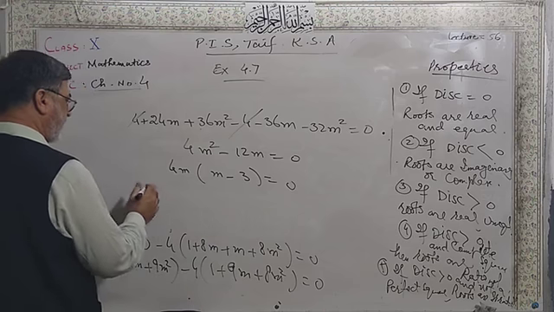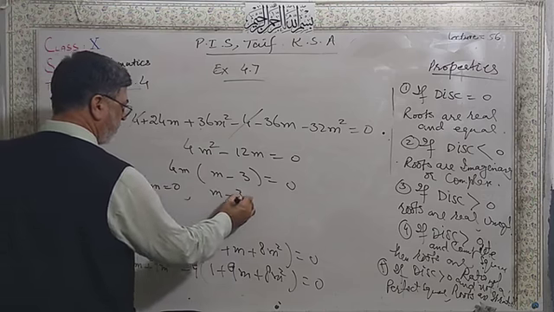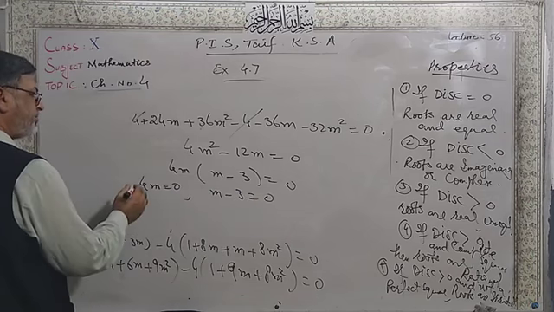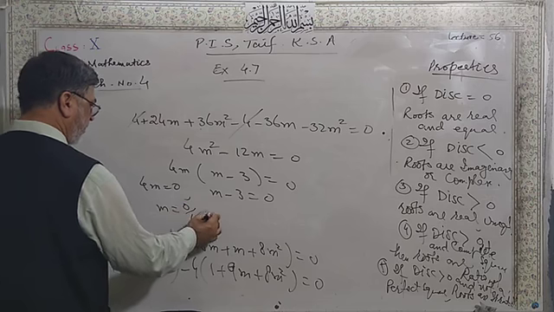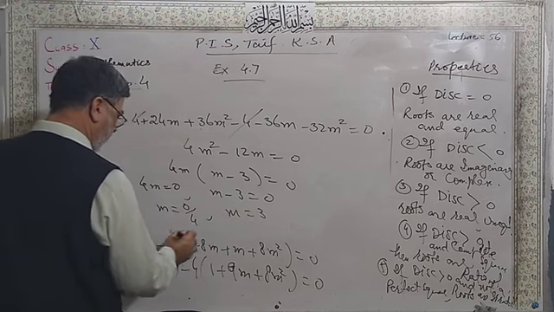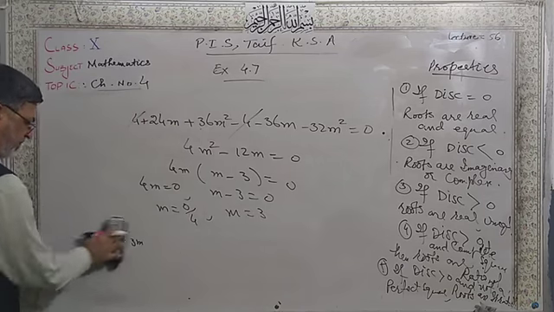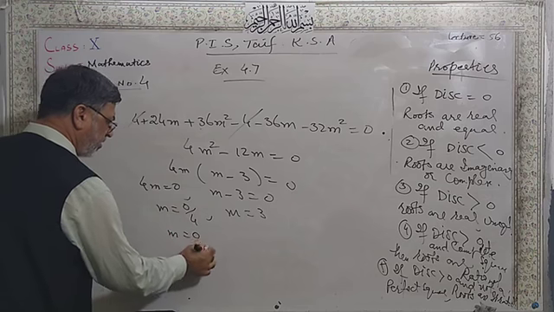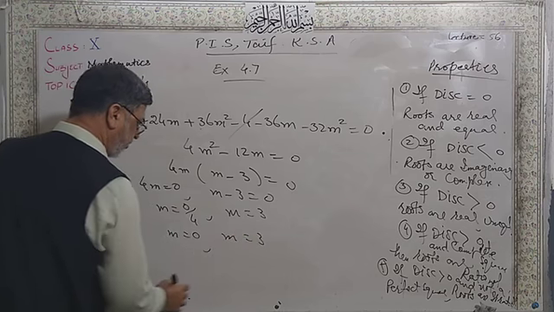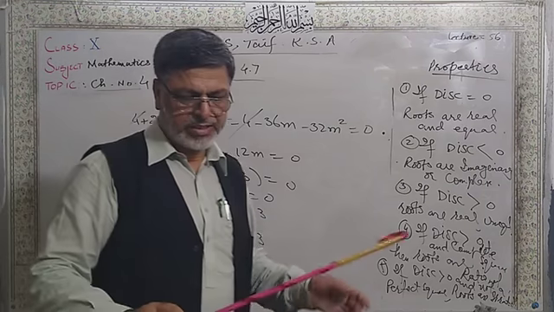Dear students, we have 4m is equal to 0, m minus 3 is equal to 0. M is equal to 0 by 4, m is equal to 3. So we have m is equal to 0 and m is equal to 3. These are two values of m which are required.